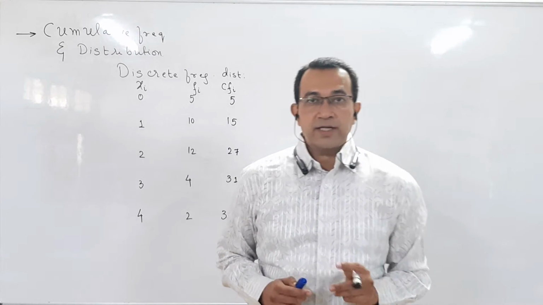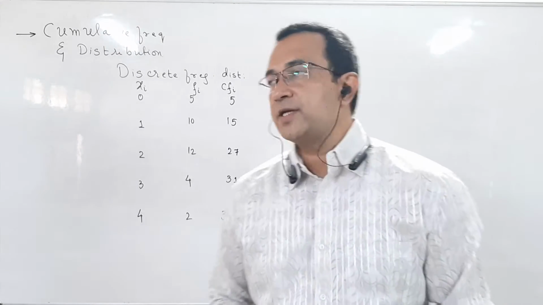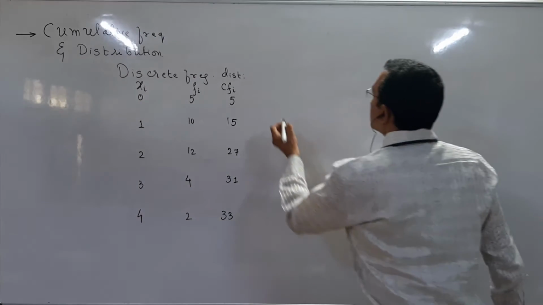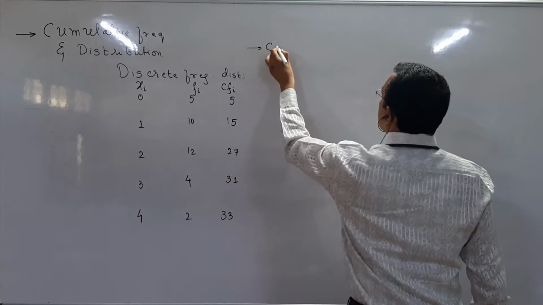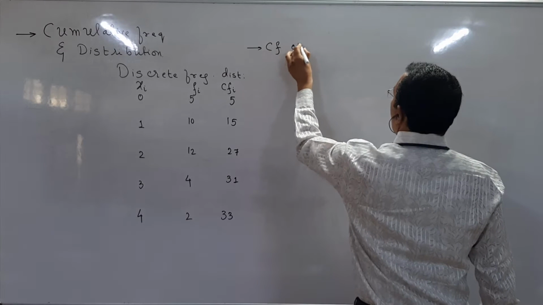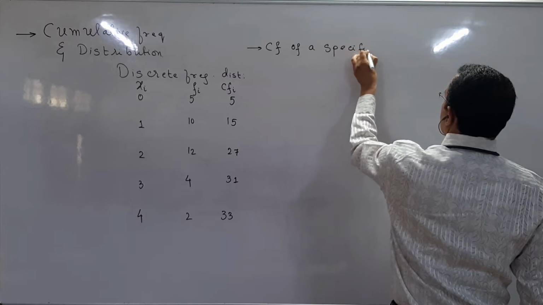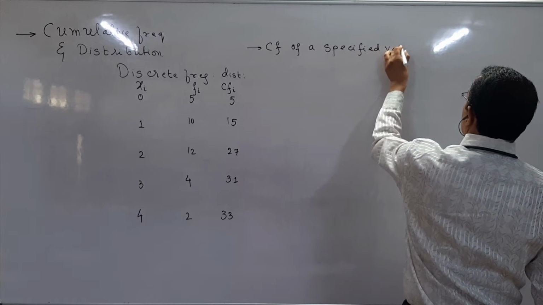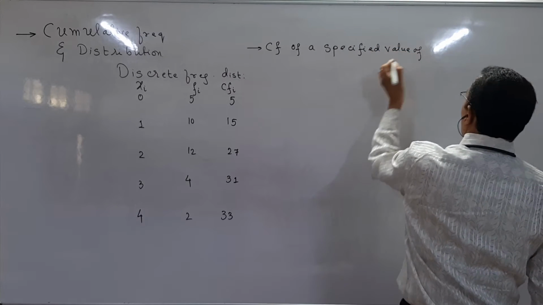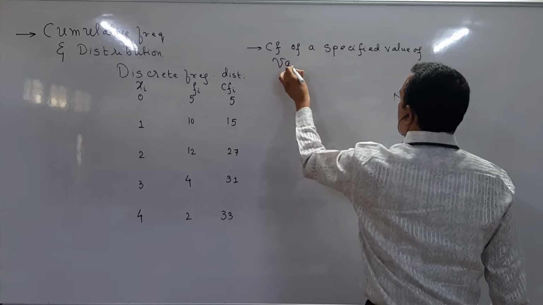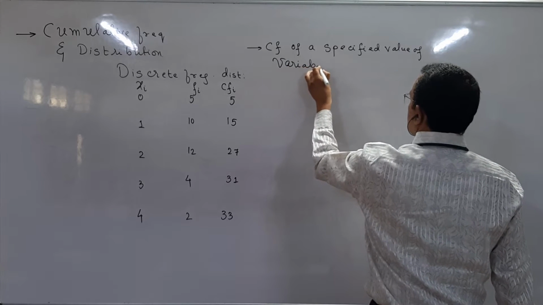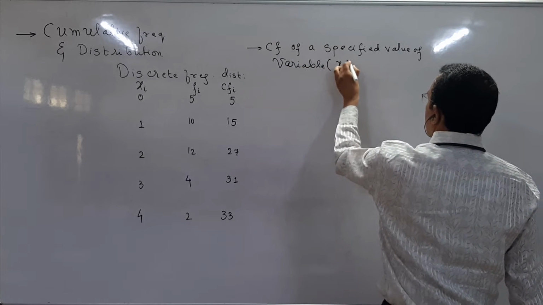Now pay attention. The first thing is the definition of cumulative frequency of a specified value of variable, say xi.